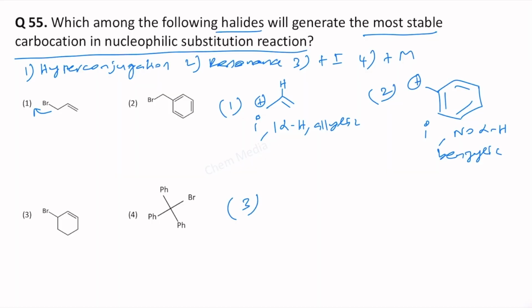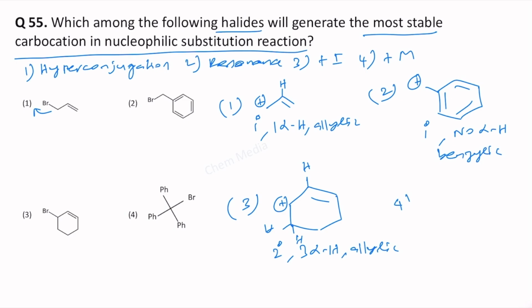In the case of 3, we will get a secondary carbocation. It is allylic once again, but it is secondary with 3 alpha hydrogens. We have 1 alpha hydrogen here, we have 2 alpha hydrogens here. Therefore, compared to 1, 3 will be more stable. So, it is allylic.